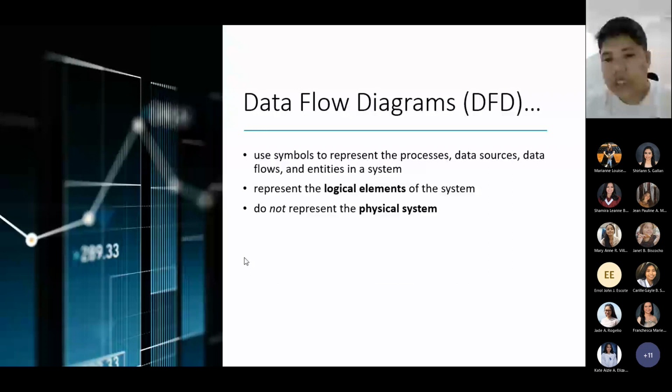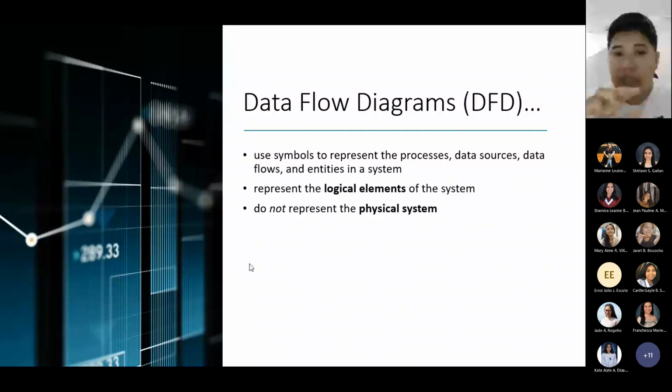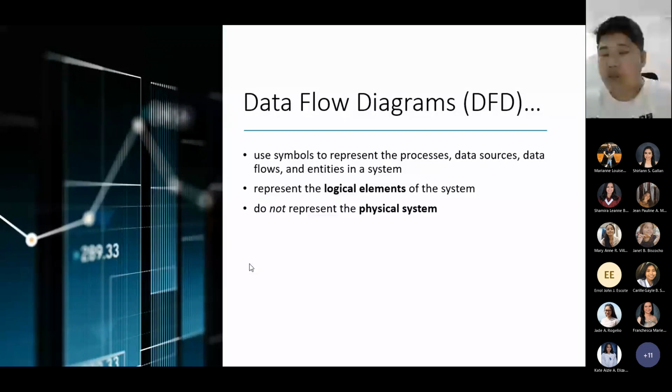Meaning, hindi po pinapakita saan napunta, anong lugar, saan prinoses. Ang pinapakita dito yung mismong data flow or yung logical elements. Paano napupunta dun yung mismong information? How is data being processed? Ano yung process? Ano yung magiging product ng process? So logical elements po siya.